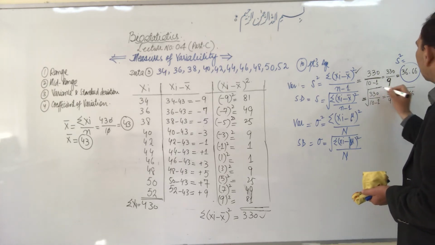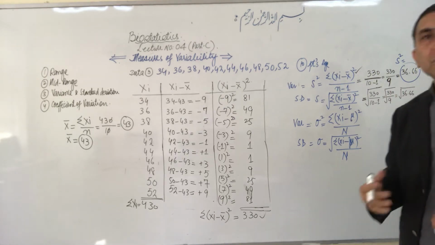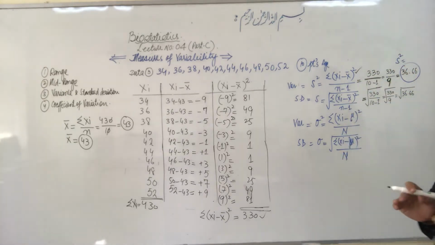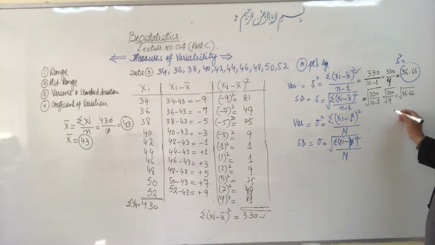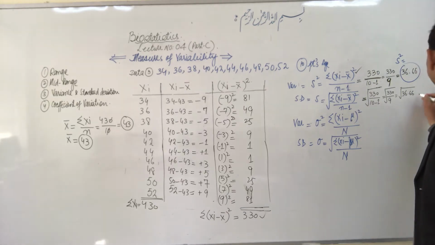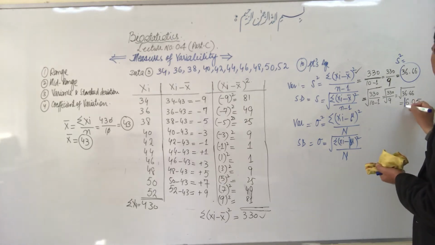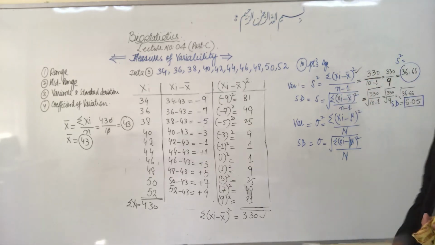We will calculate the square root of the 36.66. It will be around 6.05, which is the standard deviation of this formula.